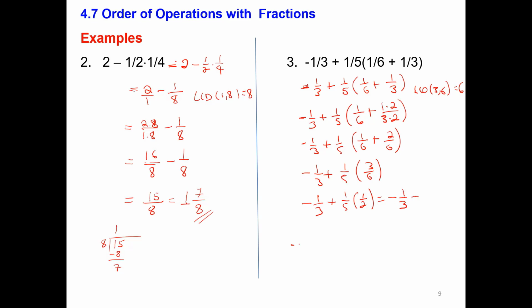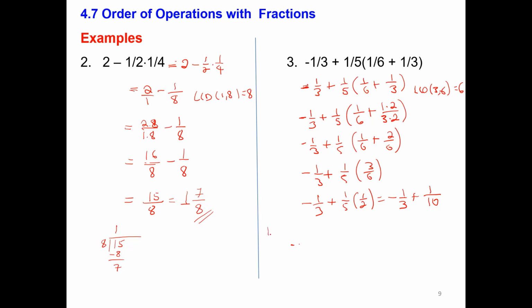Now plus, we have addition and multiplication, so first multiply. 1 times 1 is 1, 5 times 2 is 10. Then plus 1 over 10. Now we have negative 1 over 3 plus 1 over 10. Then we need to find the LCD, and the LCD will be 30.